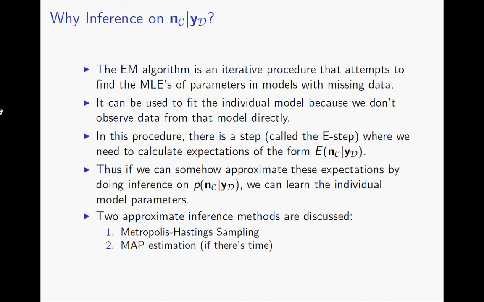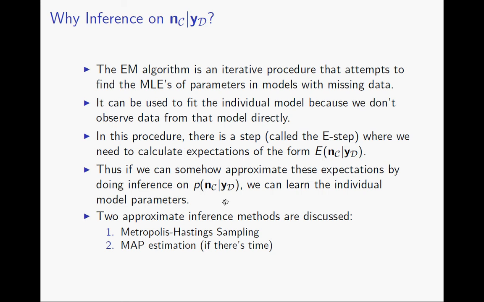Because we don't observe data from that model directly, we can apply the EM algorithm here. In this procedure, there's a step called the E step, where we need to calculate posterior expectations of n_C given y_D. If we can approximate these expectations by doing inference on the posterior probability distribution, then we can learn the individual model parameters.